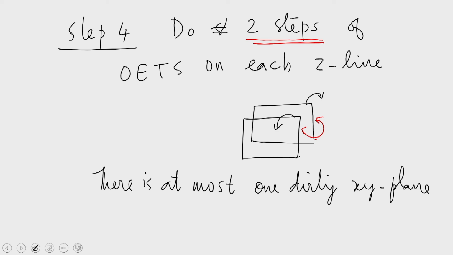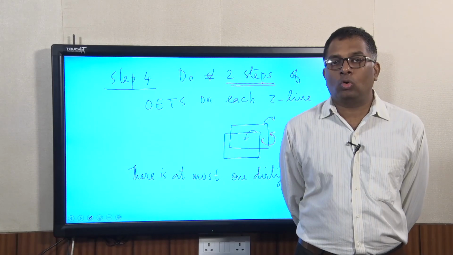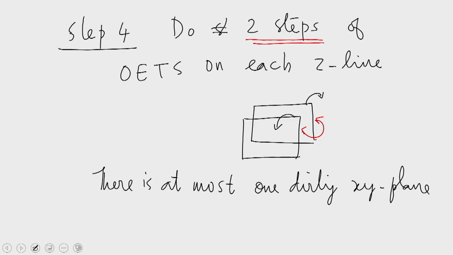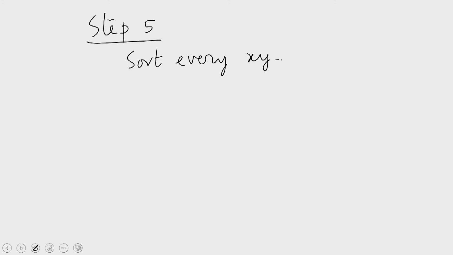But of course, we do not know the identity of this xy plane, we do not know which of the xy planes is dirty. Therefore, what we do in the next step, in step 5, we sort every xy plane in yx order.